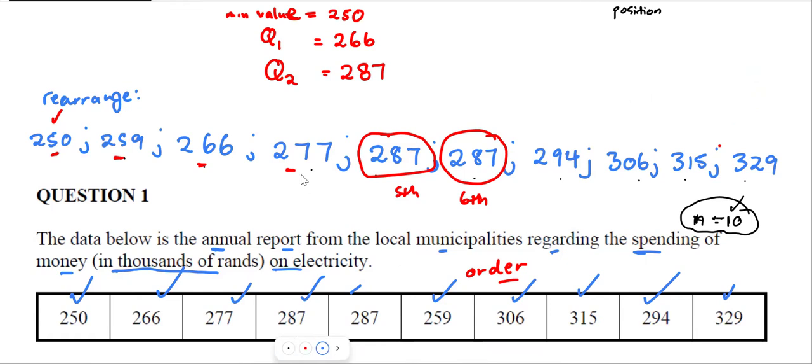Then we have the third quarter, which is our upper quartile, Q3. According to the position, that's 3/4 of the distribution, so 3/4 of n plus 1, which is 10 plus 1. That gives you 8,25.